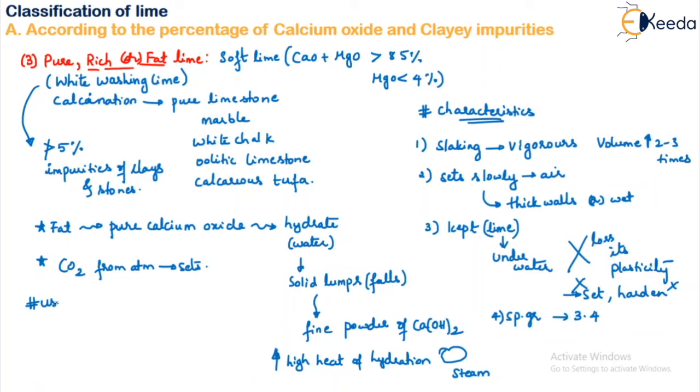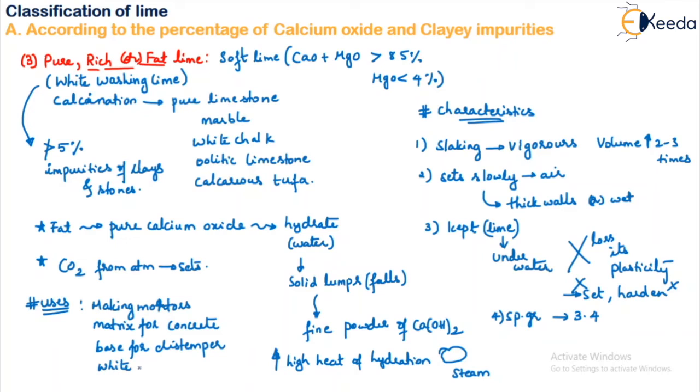Right, next we have to understand where we can use this particular type of lime. So we can use this majorly for making mortars, for the matrix for concretes, for the base coat for distempering, and for the base coat of whitewash, in manufacturing of cement, also in your metallurgical industry.